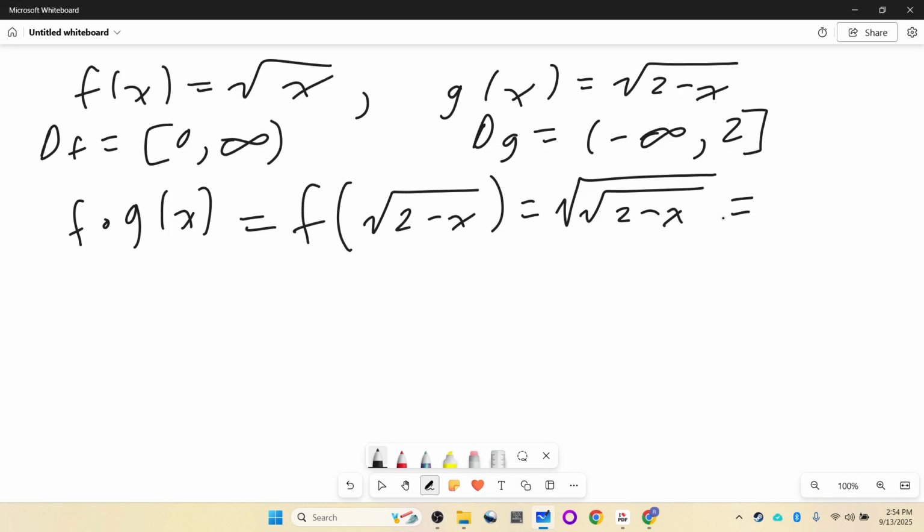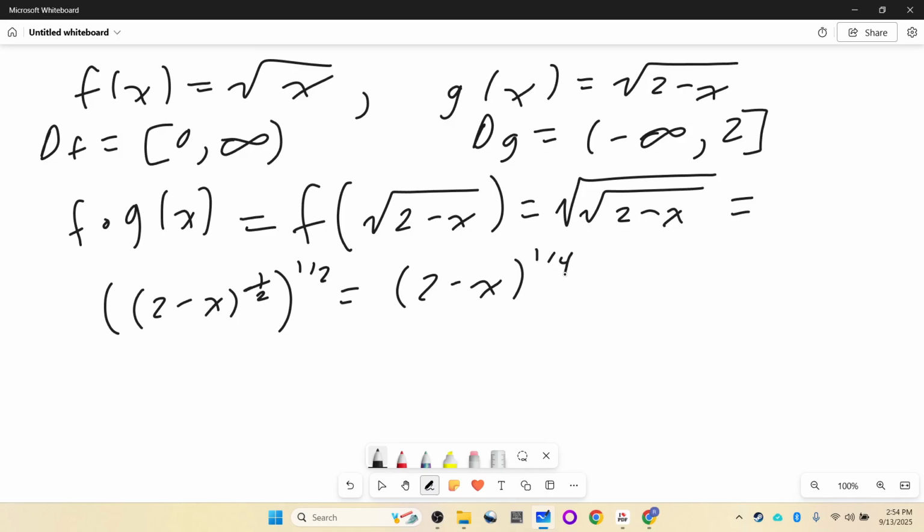Can we simplify that? Yes, because we could rewrite that as 2 minus x to the 1/2, to the 1/2, which would be 2 minus x to the 1/4, or 4th root of 2 minus x, whichever way you want to write it. These are equally good. Now, what's the domain? Okay, now let's look at this.